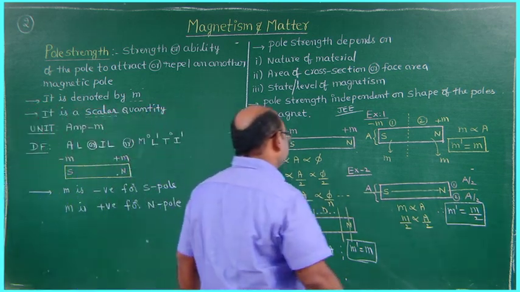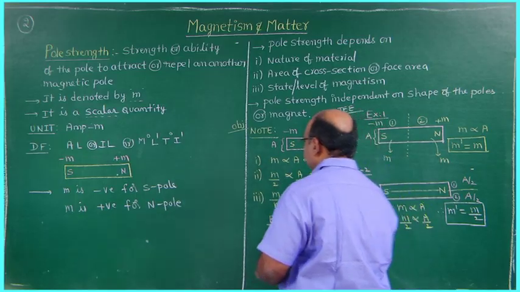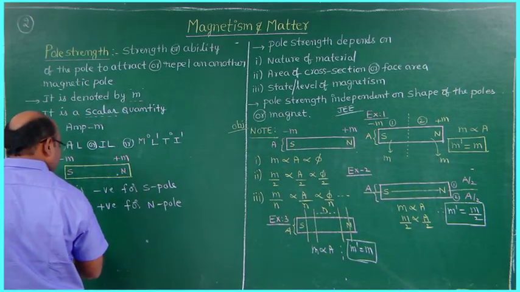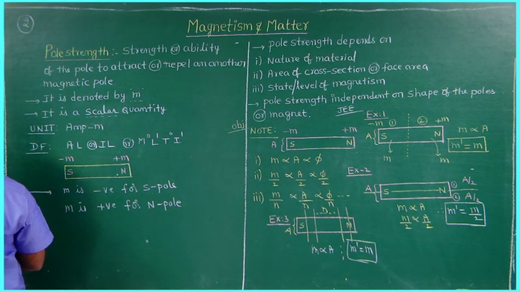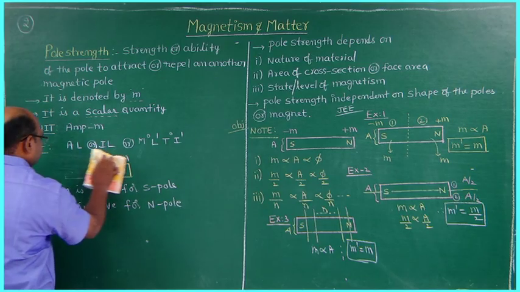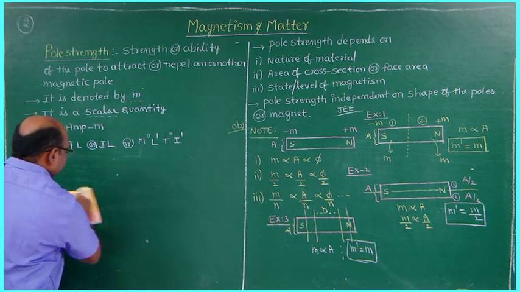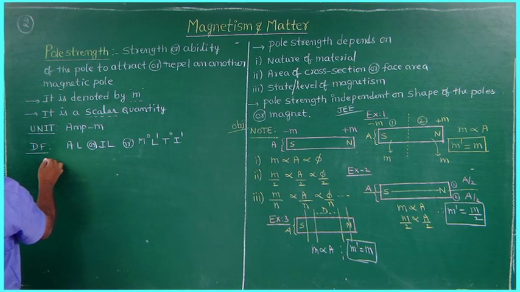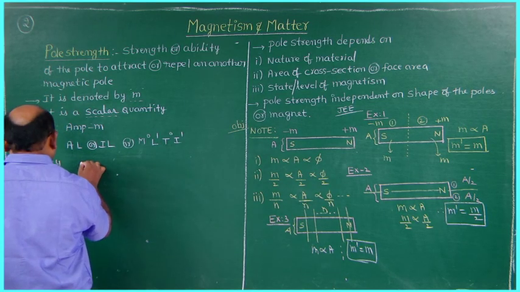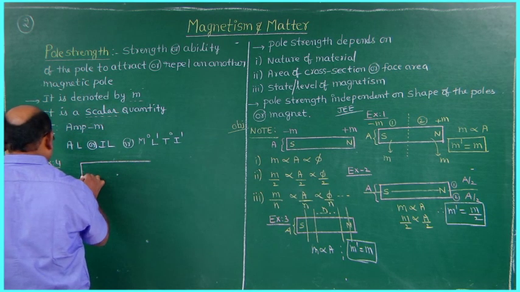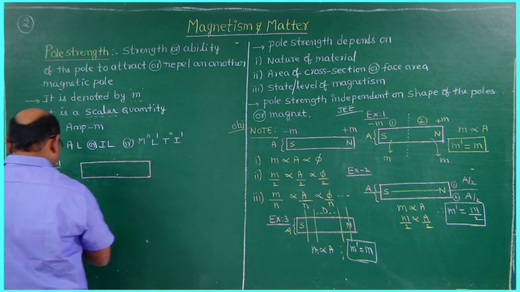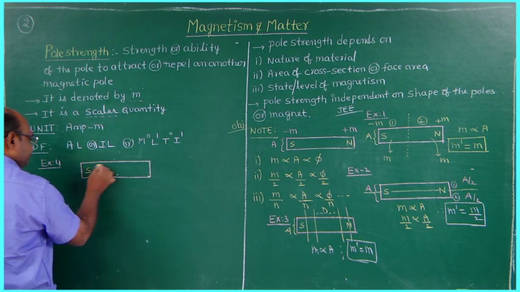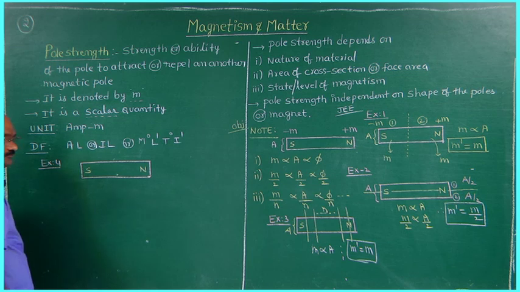Otherwise, here I will write example 4. Assume it is a bar magnet, with the south pole and the north pole.